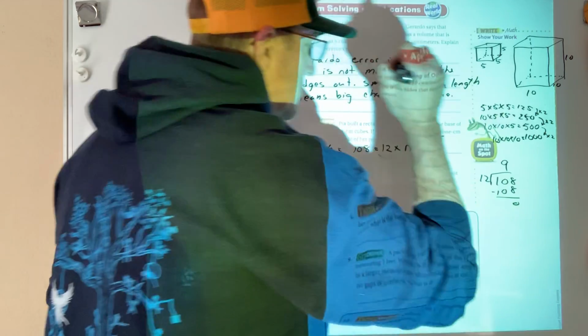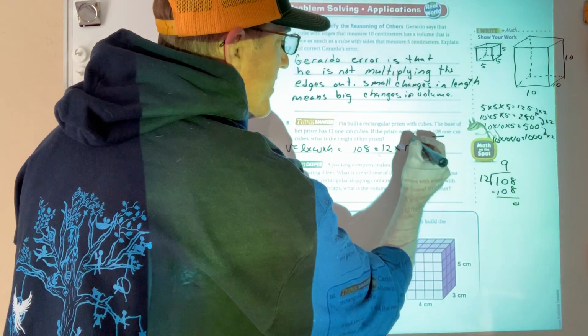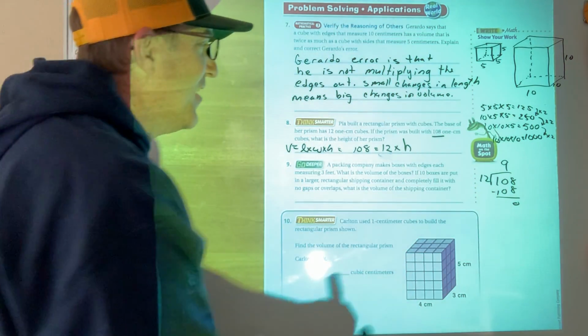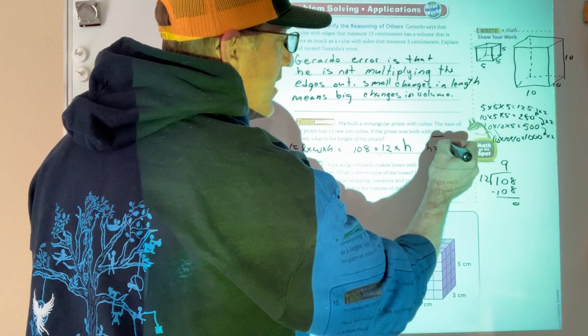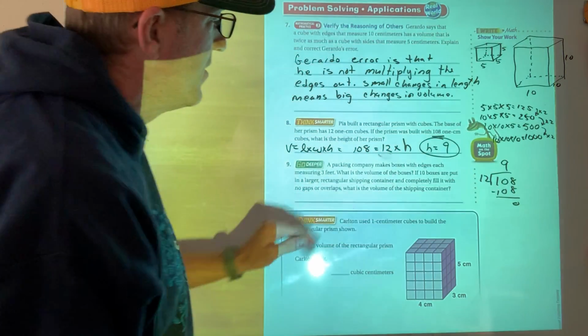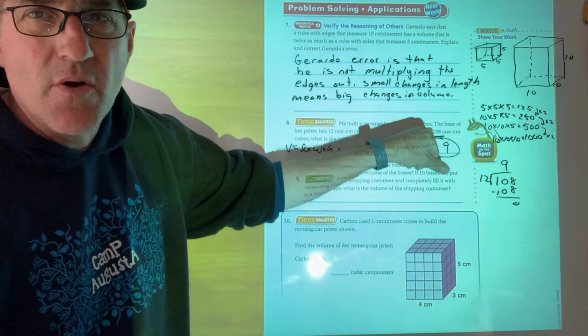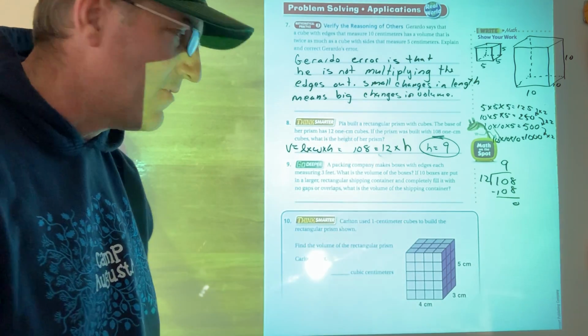So over here, the height, I should make that an h. Pretend like I did that from the beginning. So h equals 9. Remember, this is the algebra point. This question is designed so that you know the volume is 108, so you have to divide to get the missing number. It's on the opposite side of the equation.